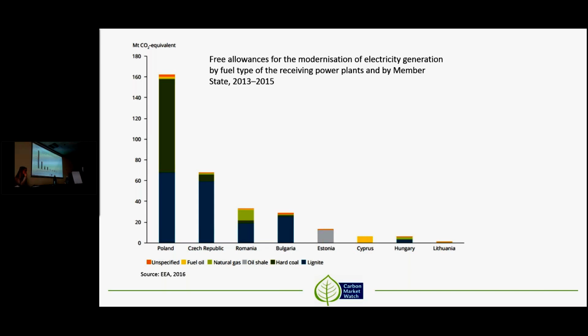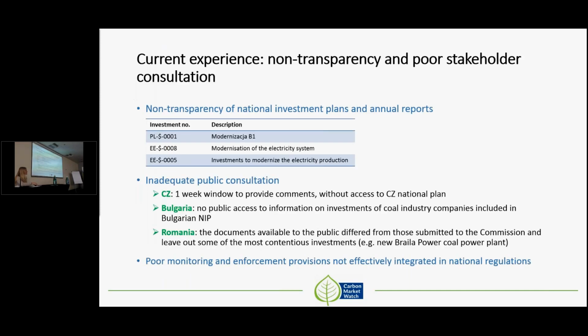It's a bit hard to track what the projects are, what investments have been undertaken in these power plants, and this brings us to the next issue, which is a big lack of transparency in the system.